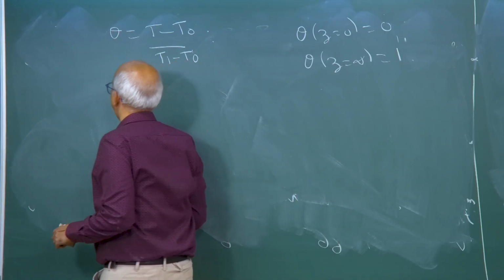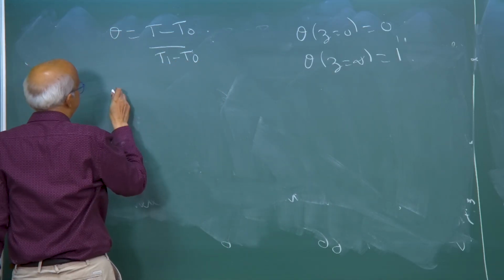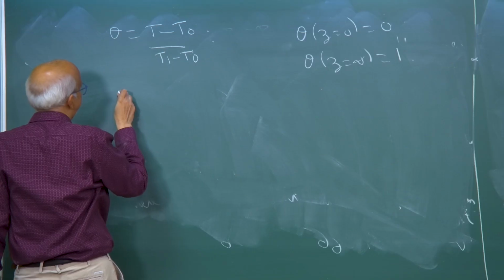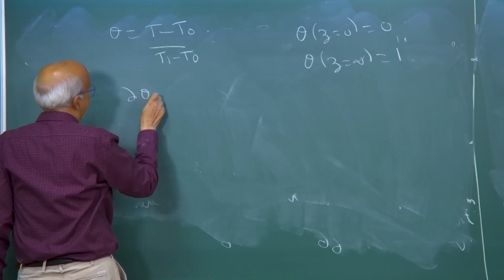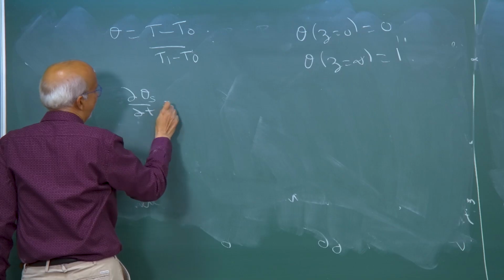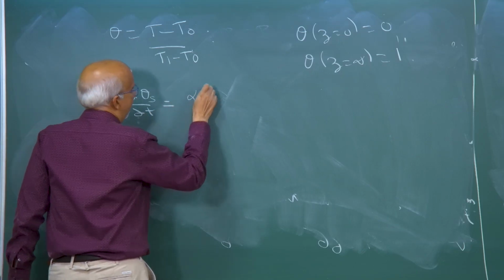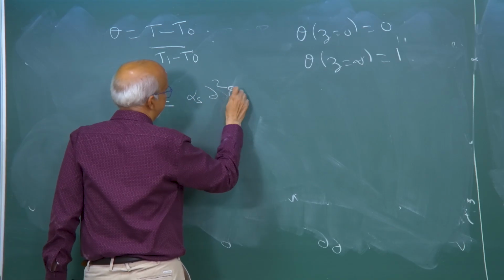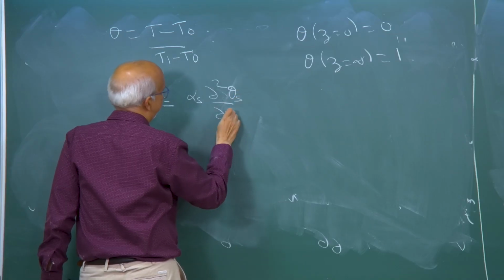So, in terms of theta, I can write my differential equation now as d theta s by dt. I have not made the equations dimensionless. I am keeping these as they are, only temperature I have made dimensionless.